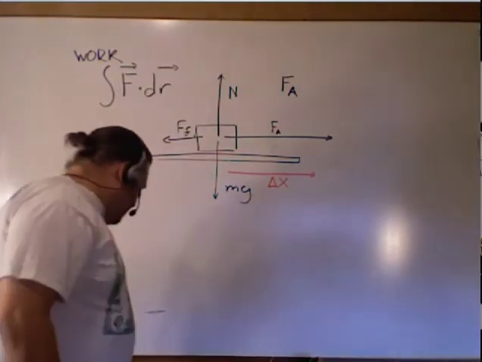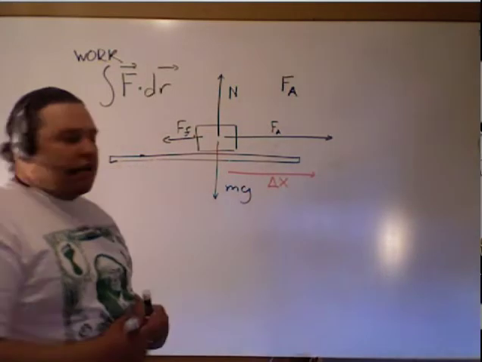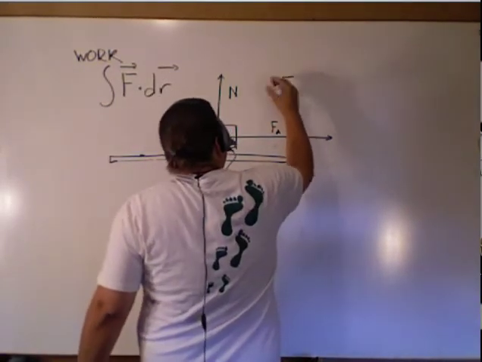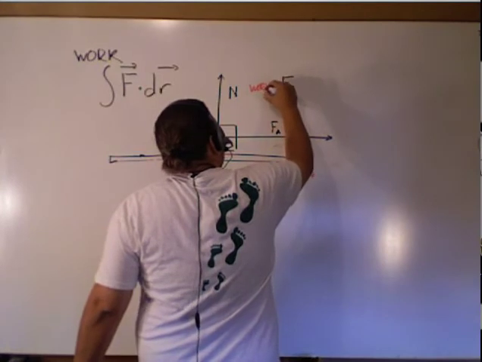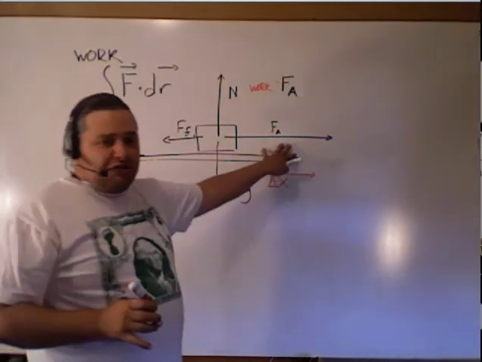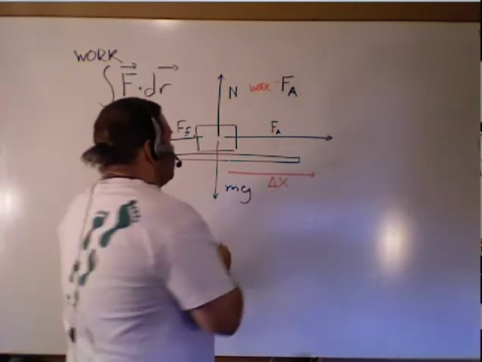It experienced a change in displacement, a change in position, of that much. So I can say that the work done by the force applied, the work done by me in this case, is equal to the amount of force that I applied times this change in position.